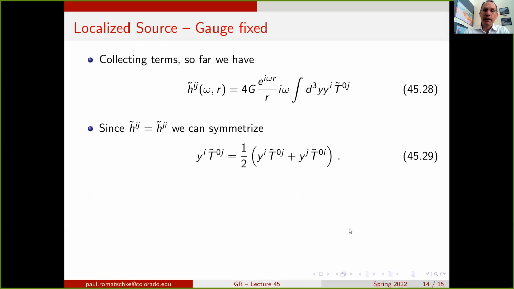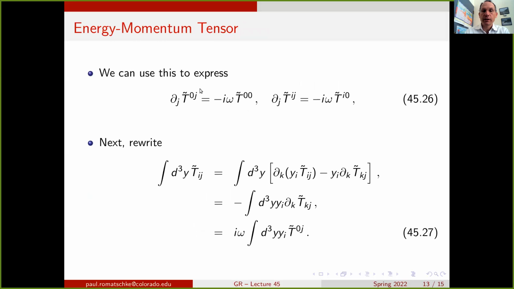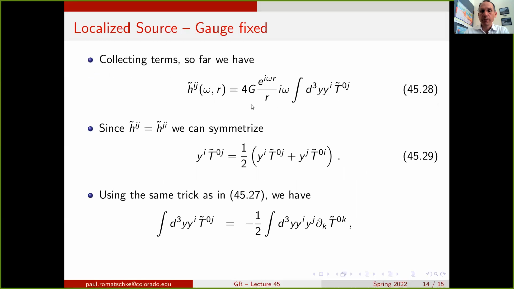Then again, using the fact that these components are not independent, we can relate the divergence of 0j to the 0,0 component of the energy momentum tensor, and we find that this integral just gives us an integral that involves two coordinates, yi and yj, times the 0,0 component of the energy momentum tensor.